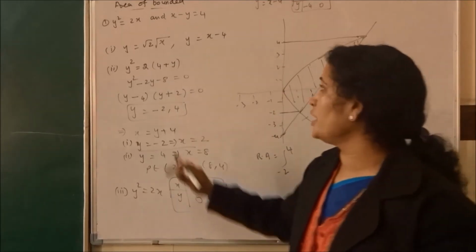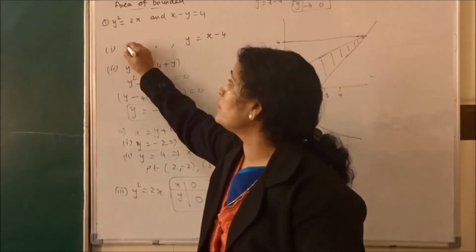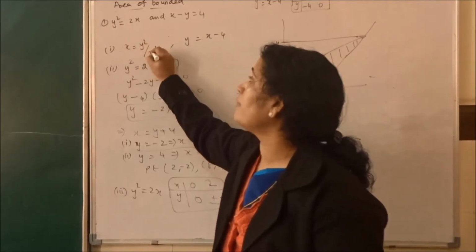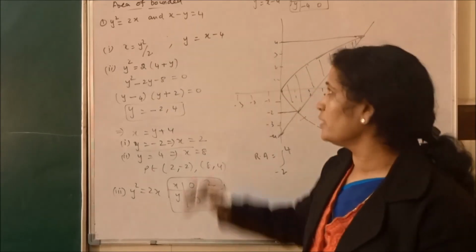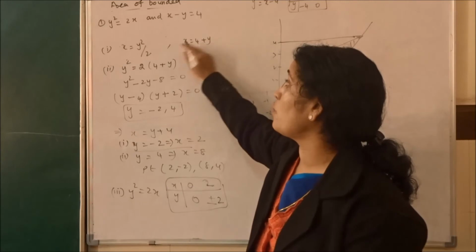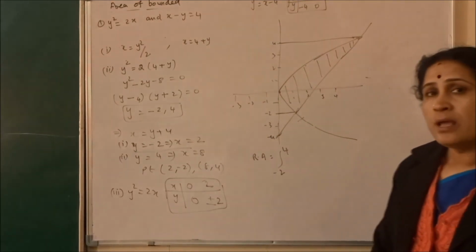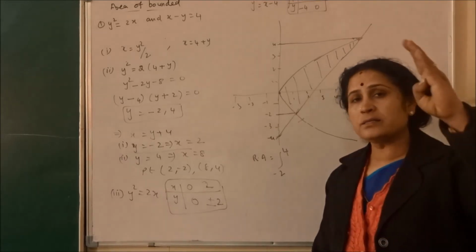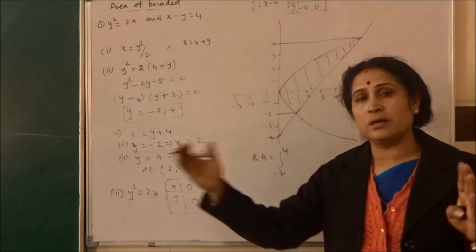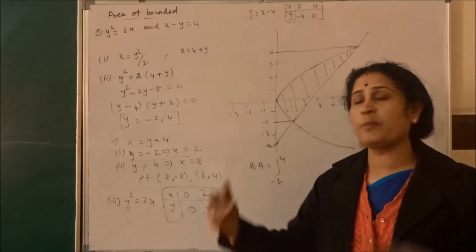Now one small change you have to do in the first step. This confirmation you can do only after the diagram. Clear to you? Now here you will get x equal to 4 plus y. What is the difference between the previous one and this one? The previous one was symmetric about the x-axis, so we took the x-axis limit, upper minus lower.